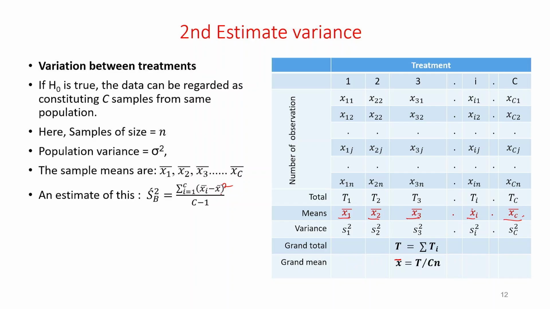So xi bar minus x bar whole square by c minus 1, sum them up, and we get an estimate. We write it as s dash b square.